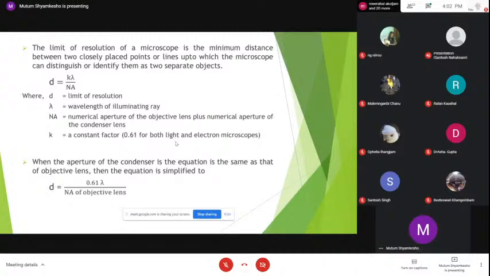And the numerical value of the limit of resolution of a microscope, it may be a light microscope or electron microscope, is given by the relationship D or delta is equal to K lambda over NA, where D is the value of the limit of resolution. Then lambda is the wavelength of the illuminating ray. When we are using the visible light spectrum, it will be the wavelength of the visible light.